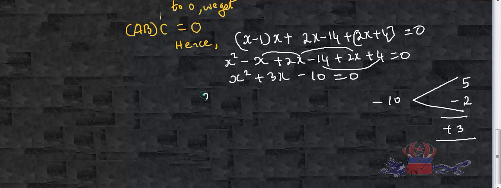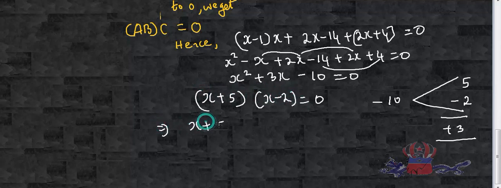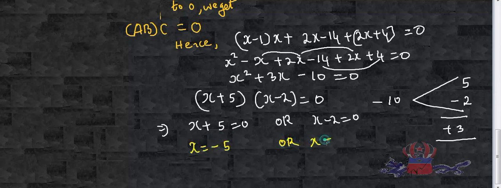So the factors would be x positive 5 times x negative 2 is equal to 0. This means either x positive 5 is equal to 0 or x negative 2 is equal to 0. So x is equal to negative 5 or x is equal to 2. So solution set is negative 5 comma positive 2. That is the result for this question.